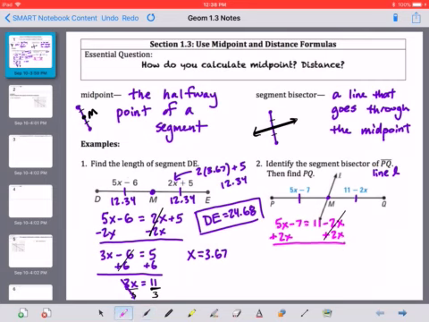These cancel. And we end up with 7x minus 7 equals 11. Go ahead and add 7 to both sides. These 7's cancel on the left. We end up with 7x equals 18. And if we divide both sides by 7, we end up with x is about 2.6.